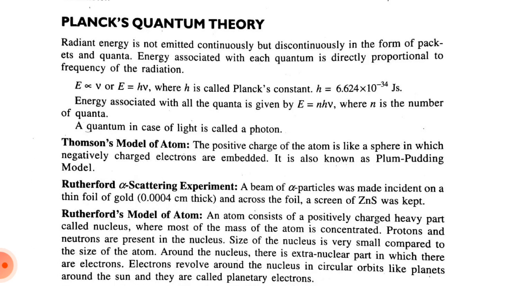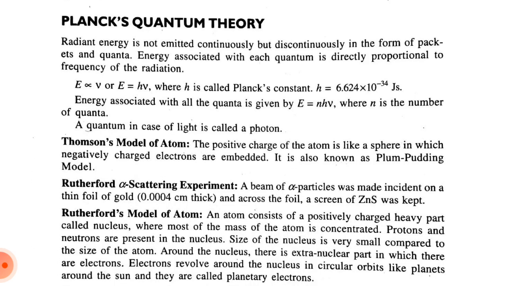Planck's quantum theory. Radiant energy is not emitted continuously but discontinuously in the form of packets called quanta. Energy associated with each quantum is directly proportional to the frequency of the radiation.